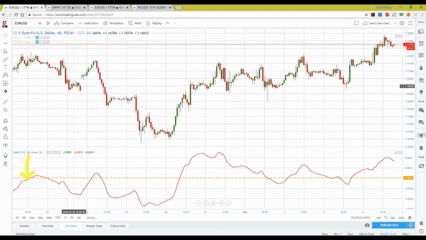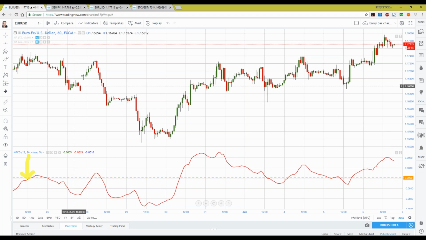Now we need to get to the next line, because if we were simply using this to trade MACD, we'd be simply trading a moving average crossover strategy, because all we're getting is when the two different moving averages cross over each other. But MACD goes one step farther. It adds what we call a trigger or a signal line.